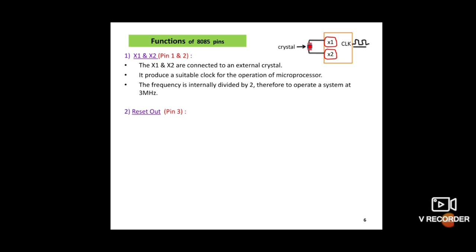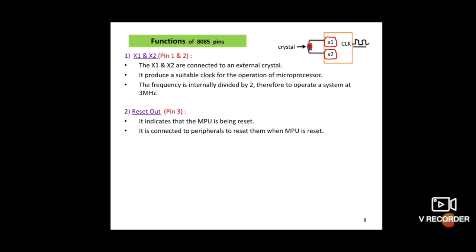Now the next pin is RESET OUT, that is pin number 3. Its function is to indicate that the MPU is being reset. You know very well what the meaning of reset is: the processor totally stops and starts again, that is called reset. It is connected to peripherals to reset them when the MPU is reset.